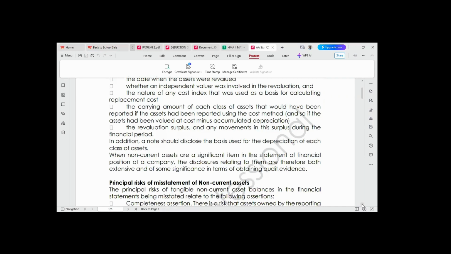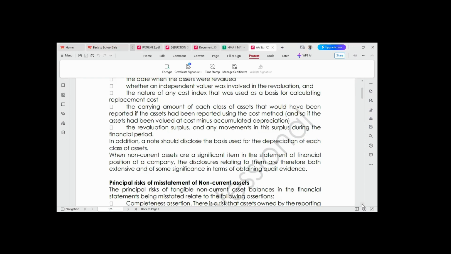Now, the principal risk of misstatement. When I was explaining planning, I was talking about audit risk. I said that audit risk is the tendency that the auditor will give an inappropriate audit opinion, right?